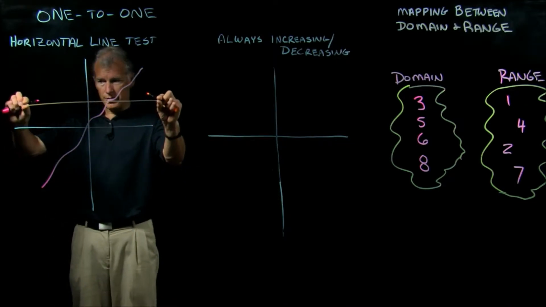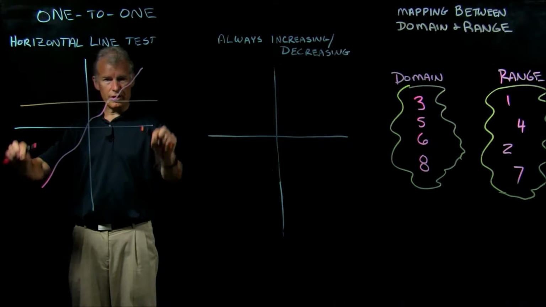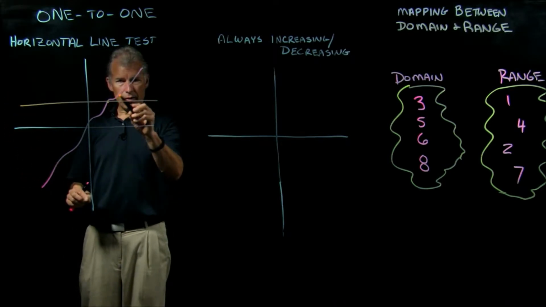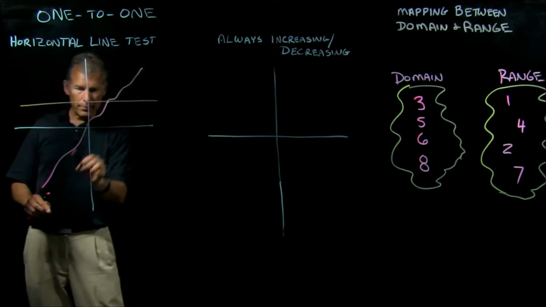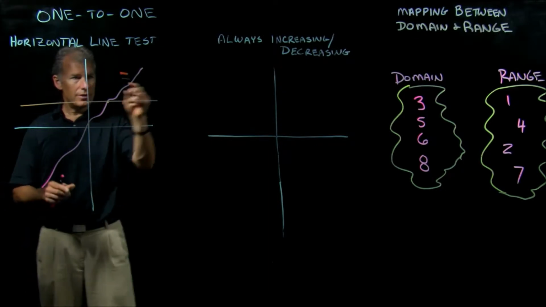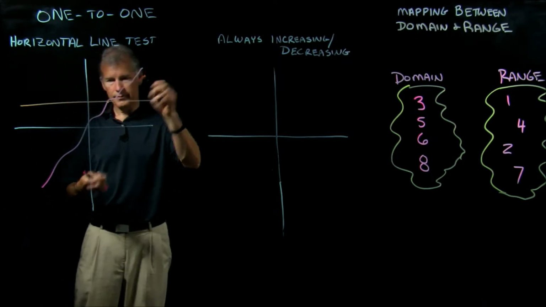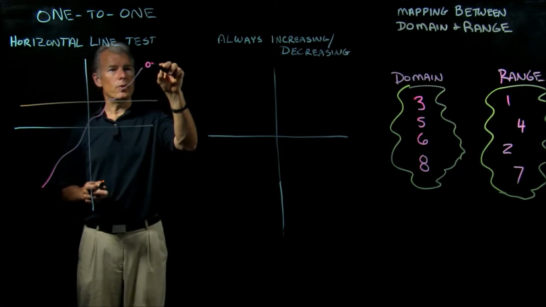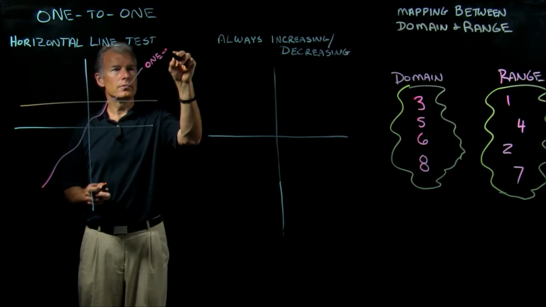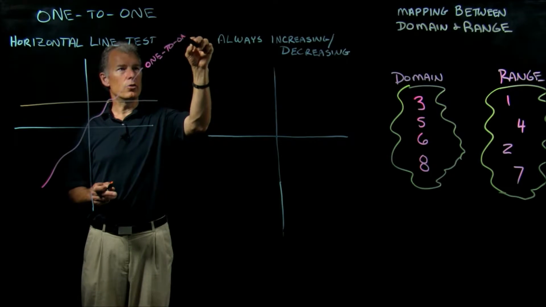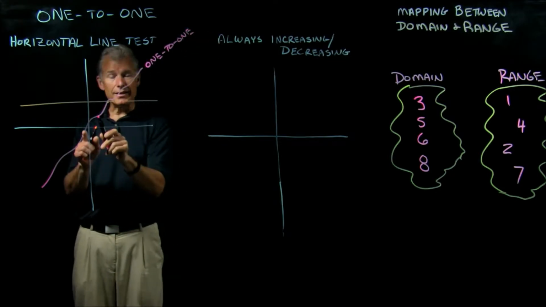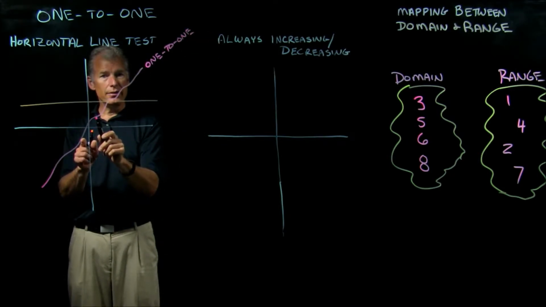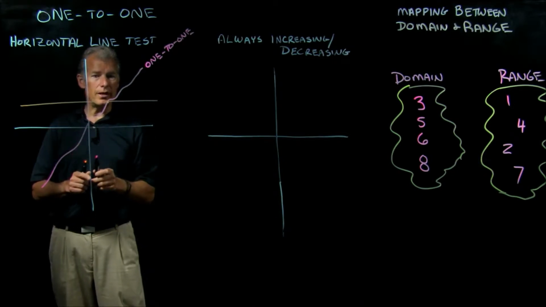So you can see that as I move my horizontal line up and down, it'll only cross my graph at one place at a time. So this one here would be then one-to-one. In other words, if I take the inverse of this function, there is an inverse that will also be a function.